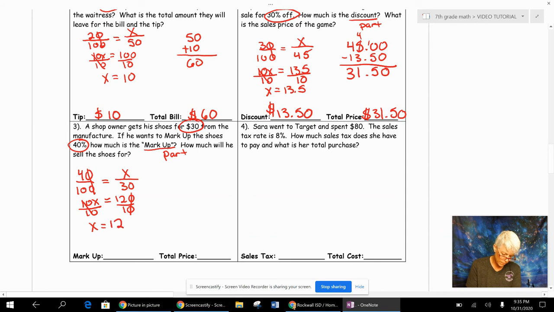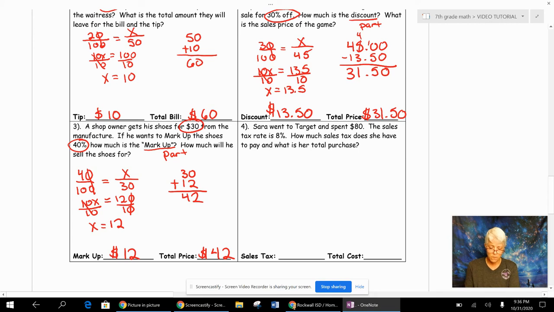That was easy. So my markup is $12. That is not my price. It is my markup. I will add the markup to my price to know what my new price is. So it used to be 30. I'm going to add the 12, and I have a total of 42. So the total price after the markup is 42.